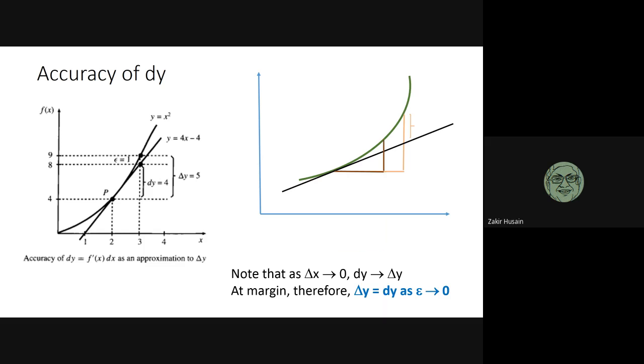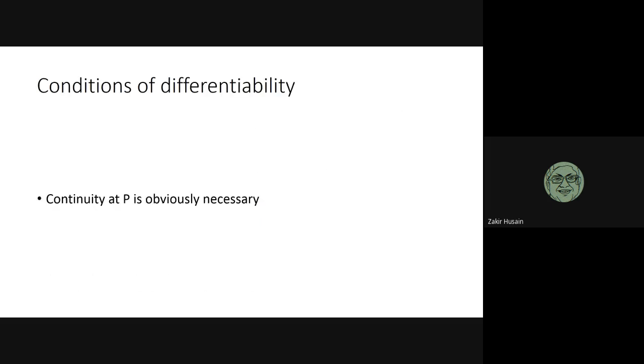I'm reducing the value of x. Look what has happened to the error term. It has become smaller. So if I go on reducing the change in x, ultimately the error term will get reduced.